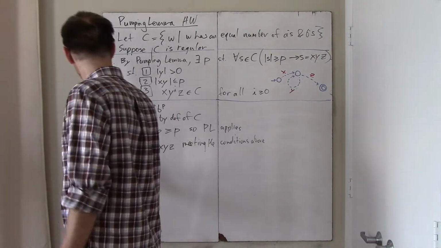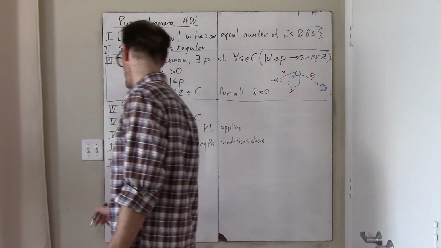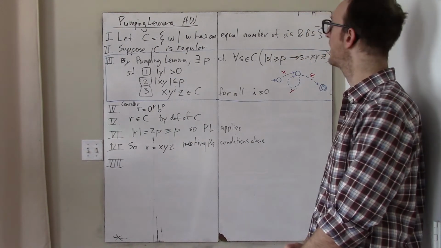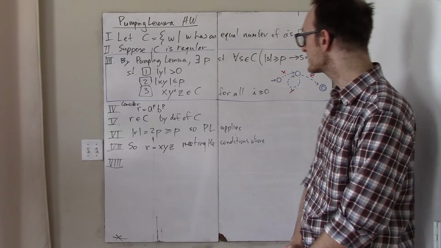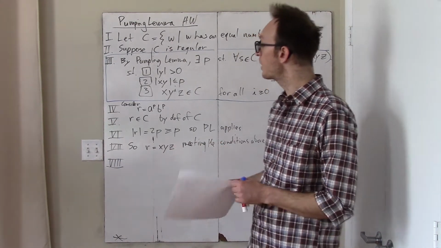Okay. This part should be sort of easy, because I think coming up with the correct string is the hard part. But where does the contradiction come from? Well, if this string can be broken up into 3 substrings like this, what do we know about those substrings?